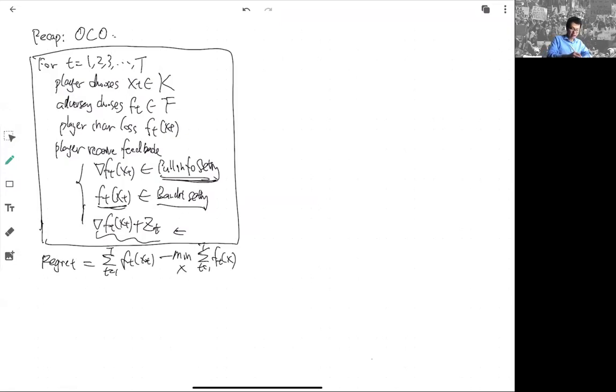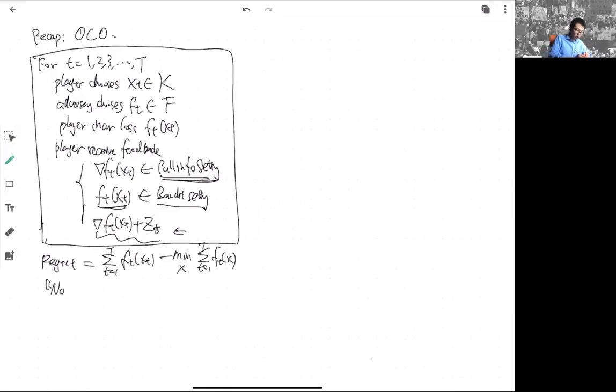This is measuring that after everything is realized, the player looks back and asks herself, what have I done wrong? Suppose I get to observe f1 to fT at the very beginning. What is the choice that I can take? And how did I do compared to that fixed single choice?